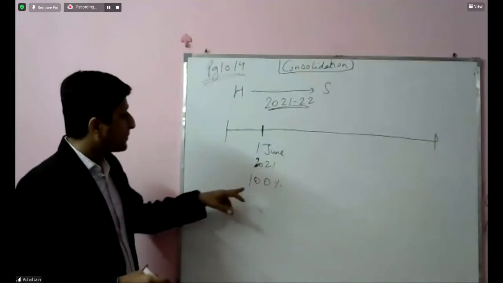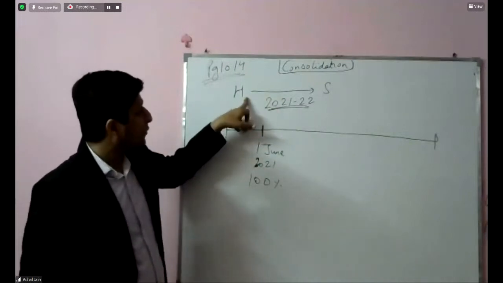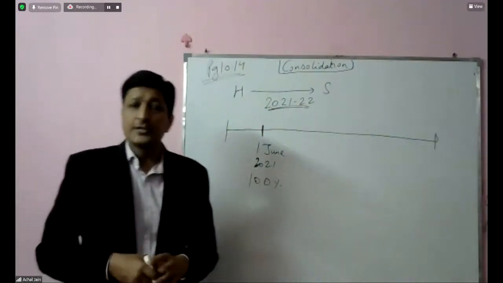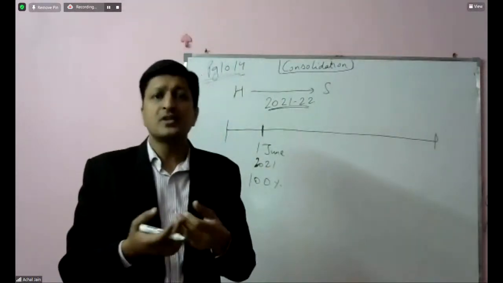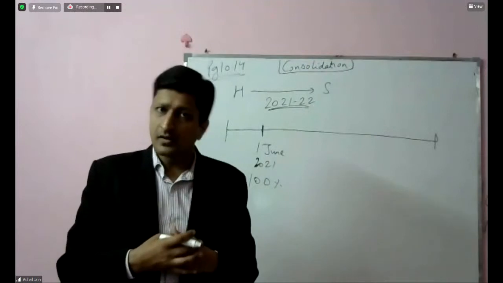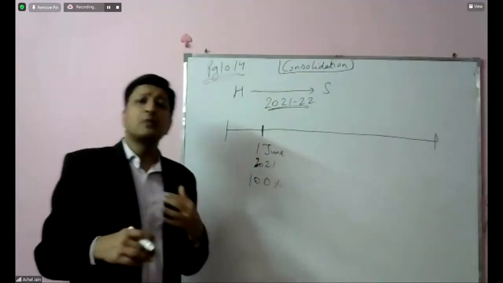Now, what will happen? If H acquires shares of S, in a way it's an acquisition of a company, or you can say acquisition of a business. Correct? So what will come to H?